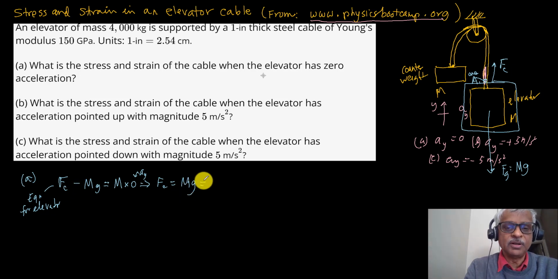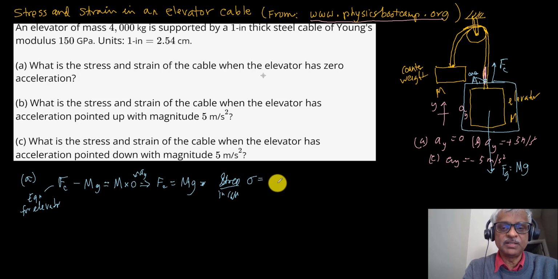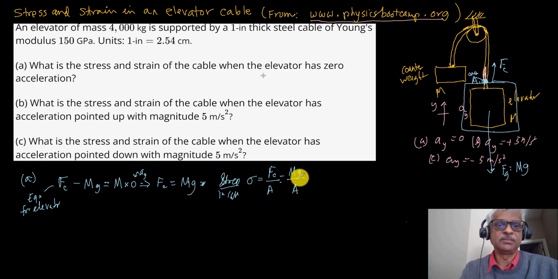And so the stress in the cable, sigma, will be just this force in the cable acting over this area of contact, the area of cross section where the elevator hangs. So F_C over the area of cross section, and that's mg over the area of cross section.